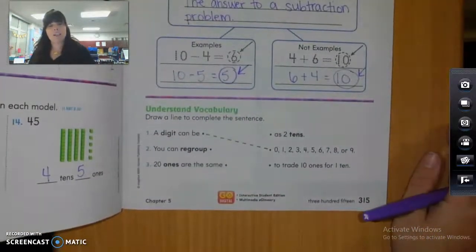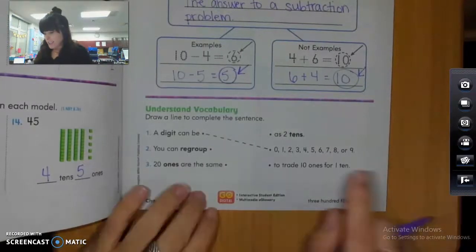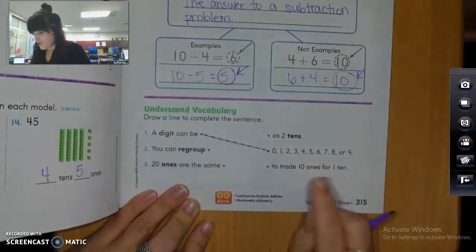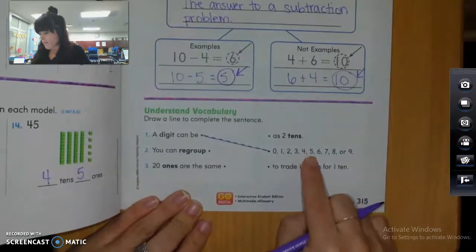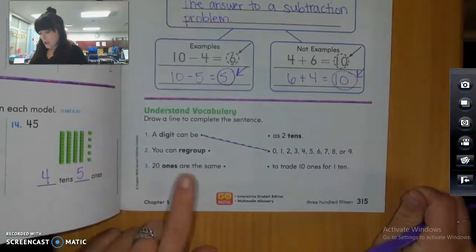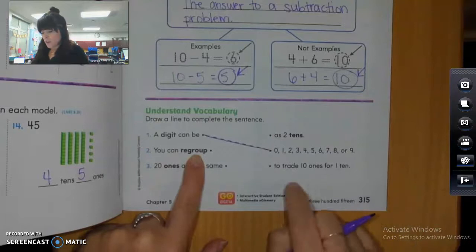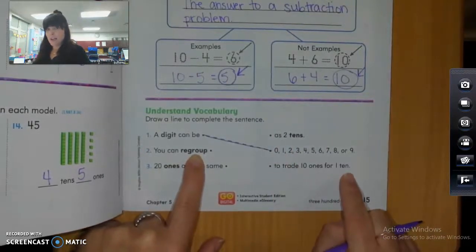Understand vocabulary. It says draw a line to complete the sentence. So a digit can be, and they've already done it for us, I'm just going to draw that line. A digit can be 0, 1, 2, 3, 4, 5, 6, 7, 8, or 9. Okay? You can regroup. Is regroup 2 tens or to trade 10 ones for 1 ten?